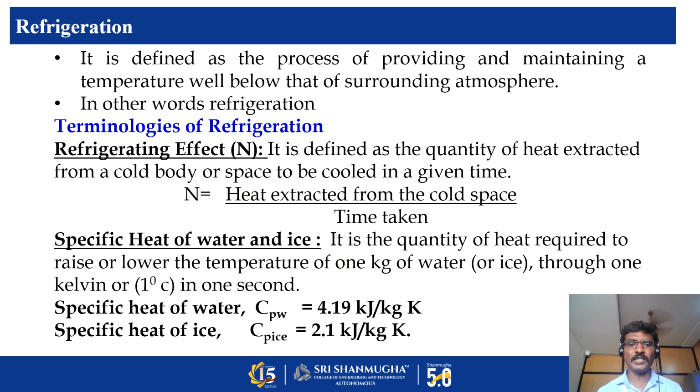So the specific heat means, for example, we'll take water that is initially at 27 degrees Celsius. You want to increase the temperature, for example 27 to 28, we have to add heat. It absorbs some amount of heat to raise the temperature from 27 to 28. That amount of heat is called the specific heat.